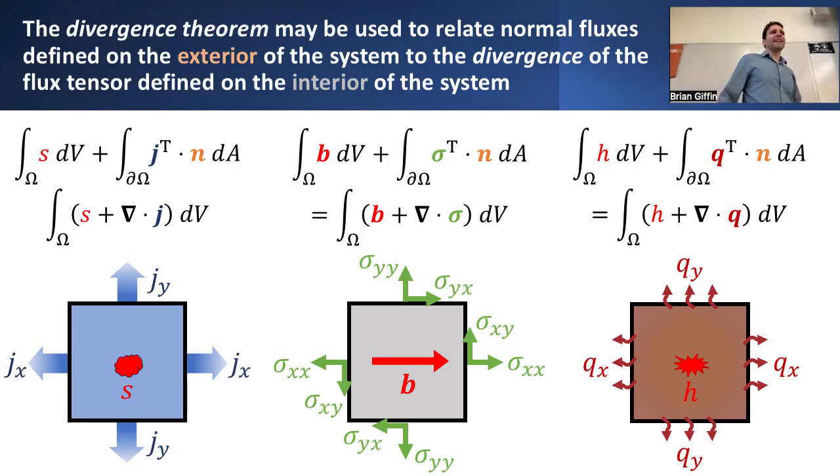And it's a little tricky exactly how the components of this work out. But if you wanted to write it in index notation, you can think of it like this. The divergence of this particular quantity is basically that.